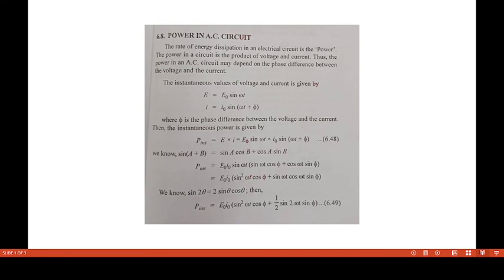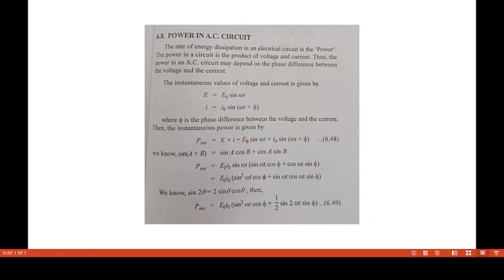Then instantaneous power is given by simply multiplying the instantaneous voltage and instantaneous current. So instantaneous power equals E into I, where E is E naught sine omega t and I is I naught sine omega t plus phi.